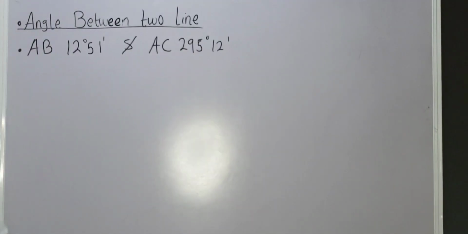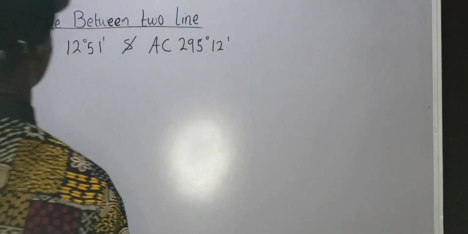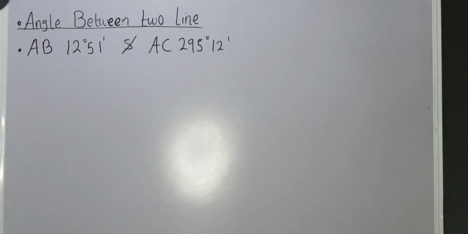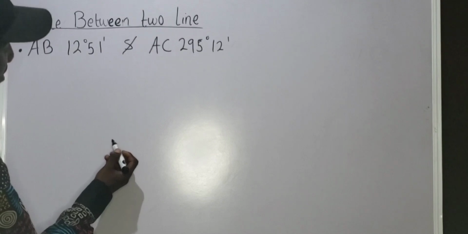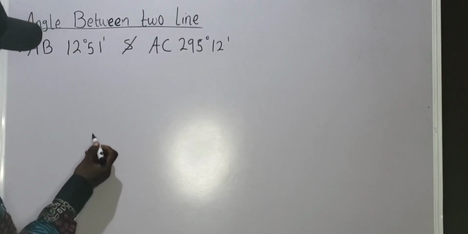Let's say we want to find the angle between those two lines. The first step is that we are going to draw our four cardinal points. So let's say we have the four cardinal points in this place.